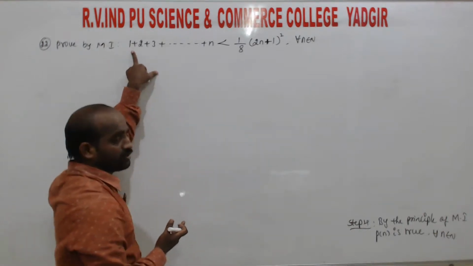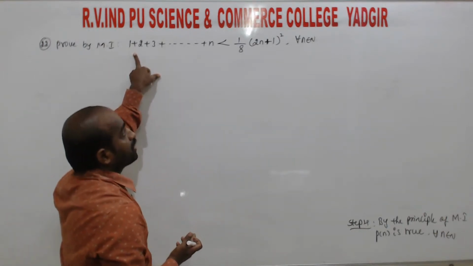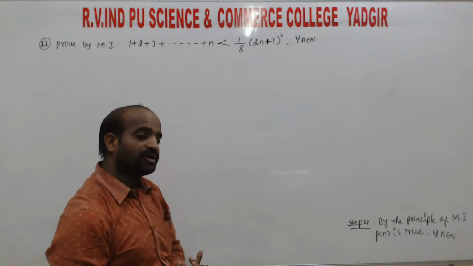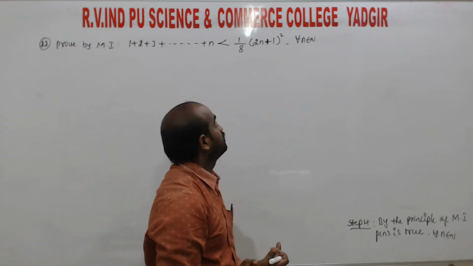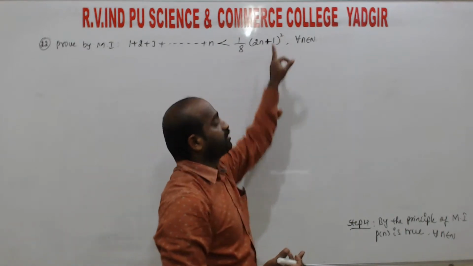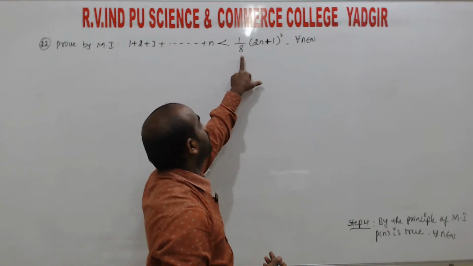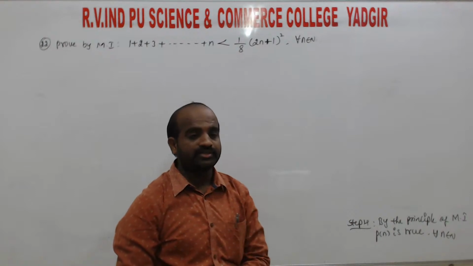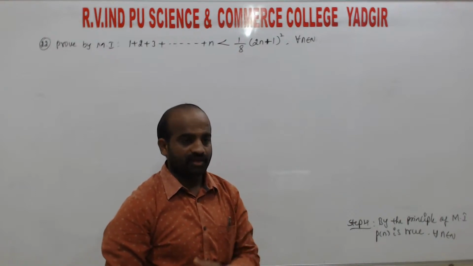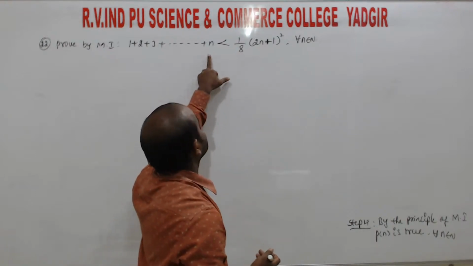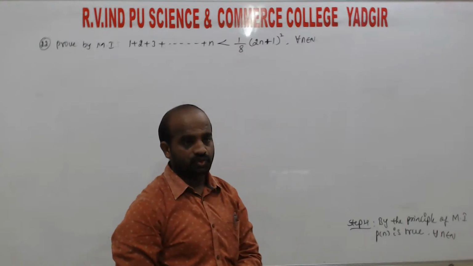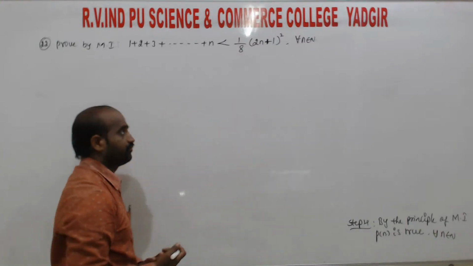First for n equal to 1, LHS is 1. But RHS value is 2 into 1, 2, 2 plus 1, 3. 3 square, 2n plus 1 whole square is there. Divide by 8. 9 by 8 value is 1 point something. This one is what? 1 is less than 1 point something. This is true. P of 1 is true.